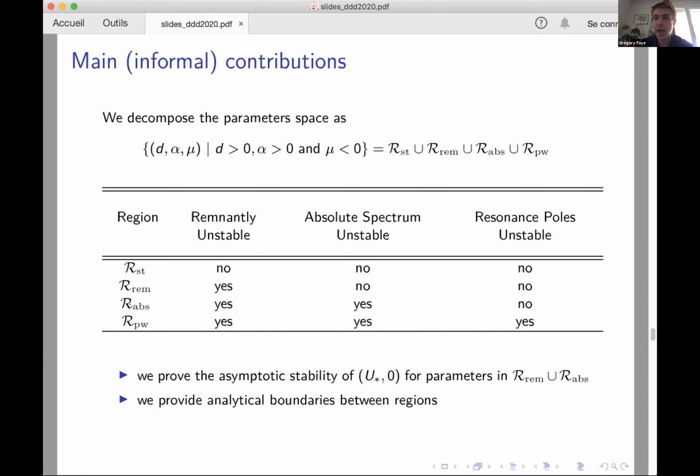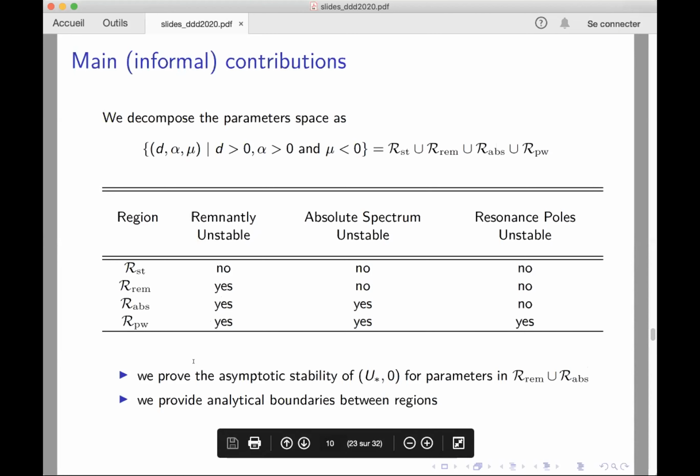The region R_ABS is when you're remnantly unstable, and also the absolute spectrum is unstable, but you don't have an unstable resonance pole. And the last region is when you get an unstable resonance pole, and we've seen that this implies that your absolute spectrum is unstable and that you're also remnantly unstable.